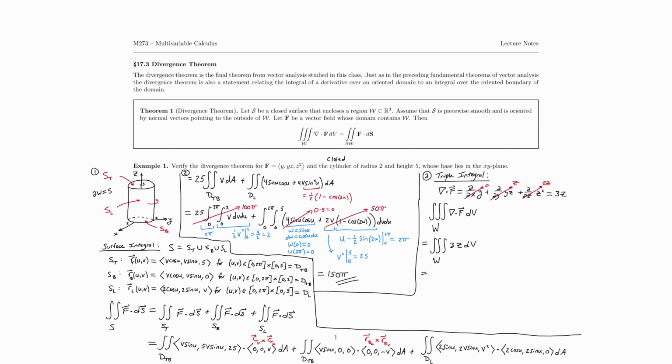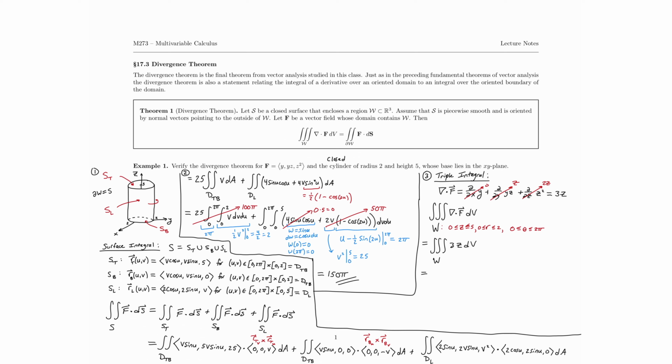We can say that z is between 0 and 5, r is between 0 and 2, and theta is between 0 and 2 pi.